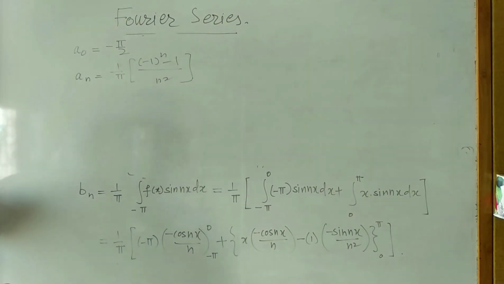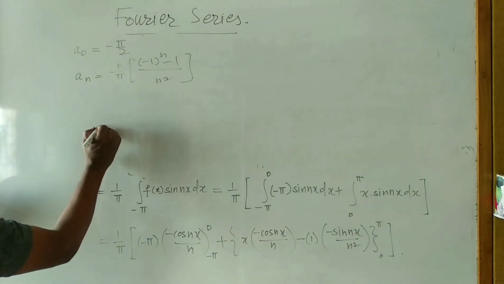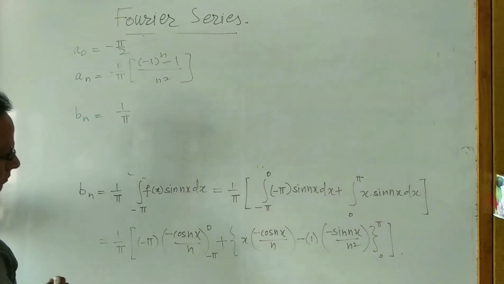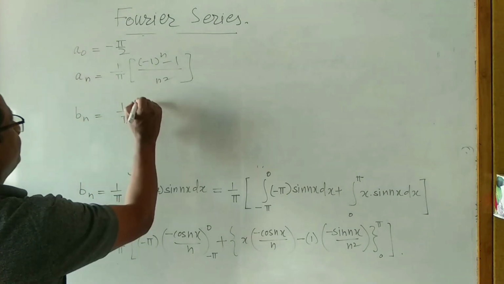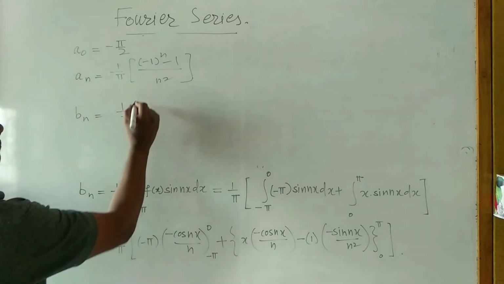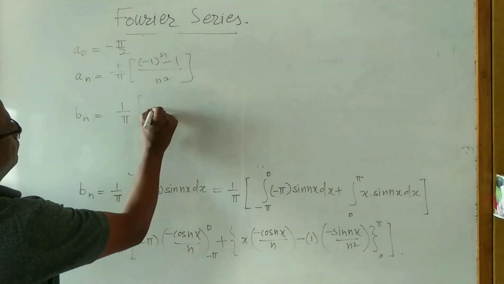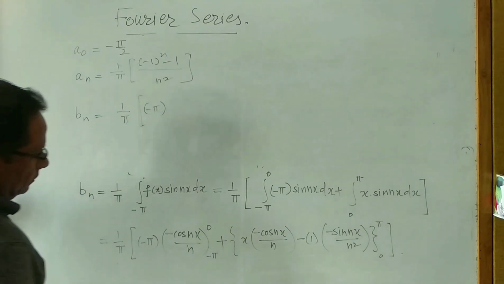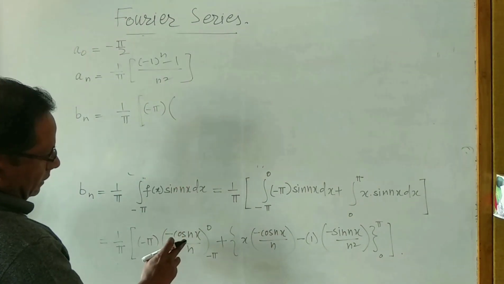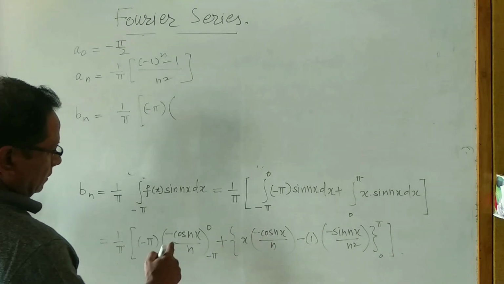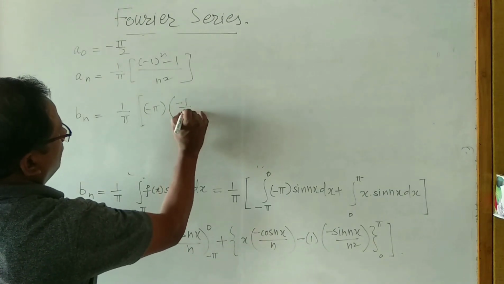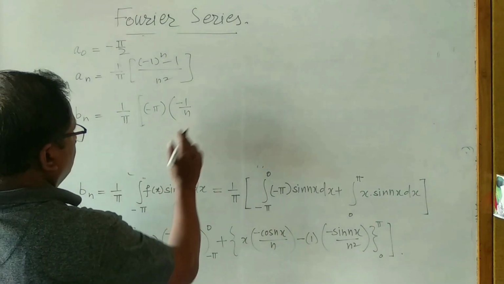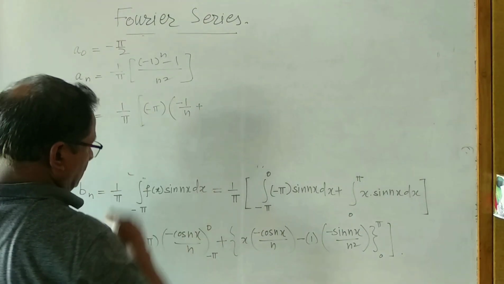So bn equals 1 upon pi, put the limits. When I put x equal to 0, cos of 0 is 1, minus 1 upon n, and this minus will become plus.